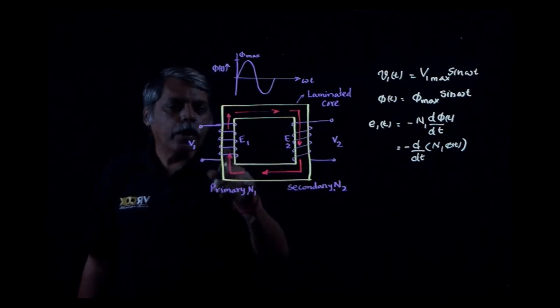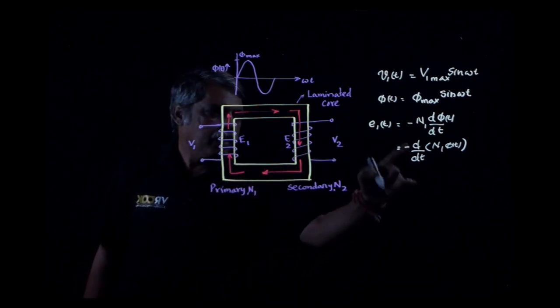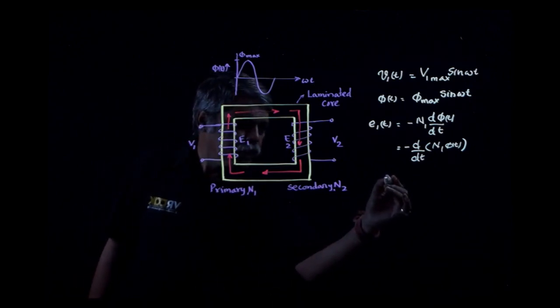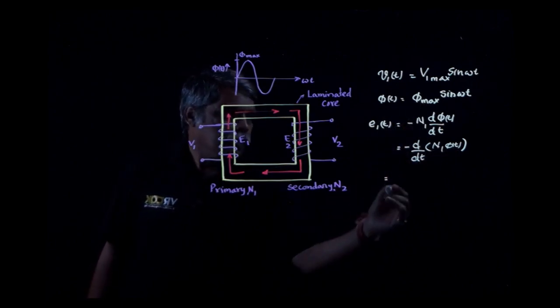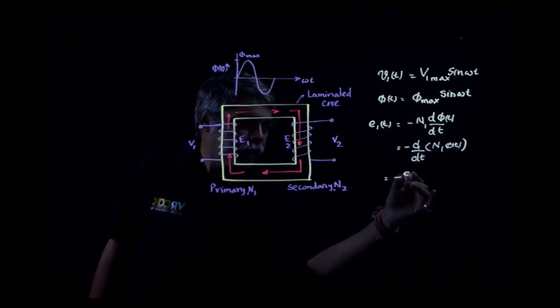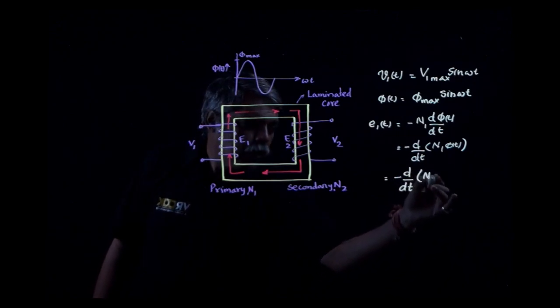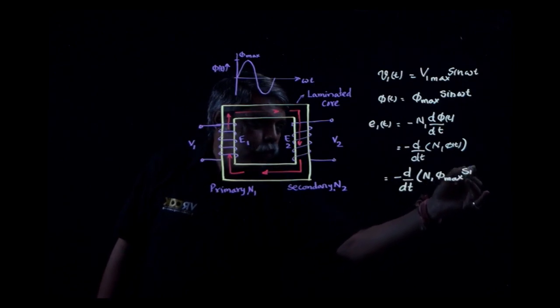From the magnitude point of view, the minus sign is not necessary for the induced EMF. But if I substitute the expression for phi of t, it will be minus d by dt of N1 phi maximum sin omega t.